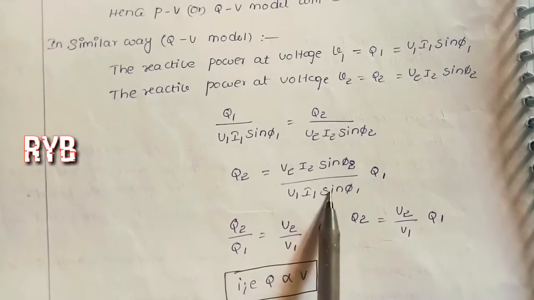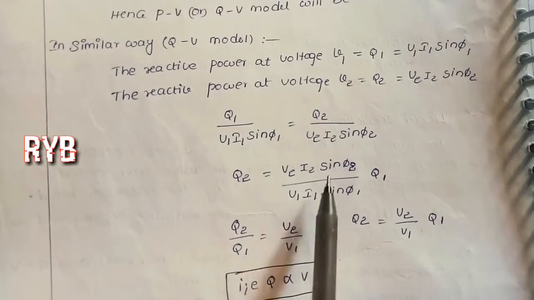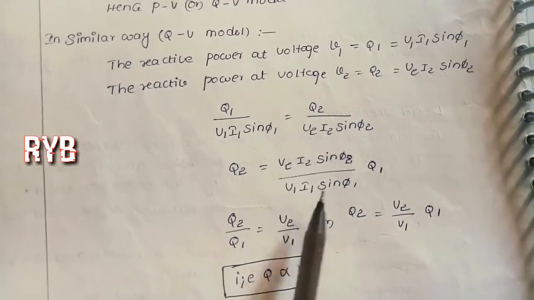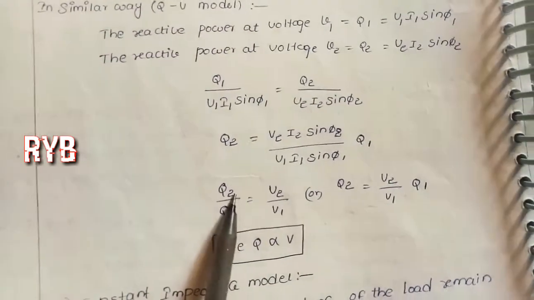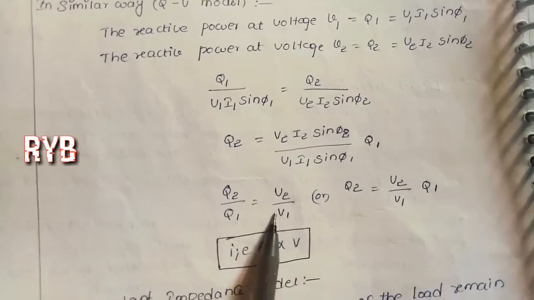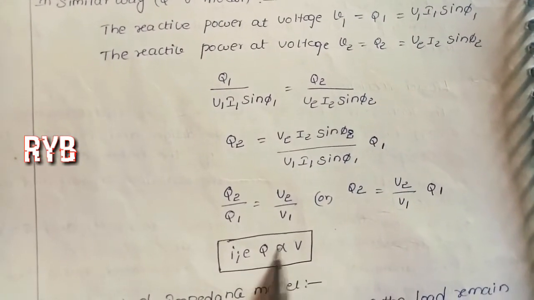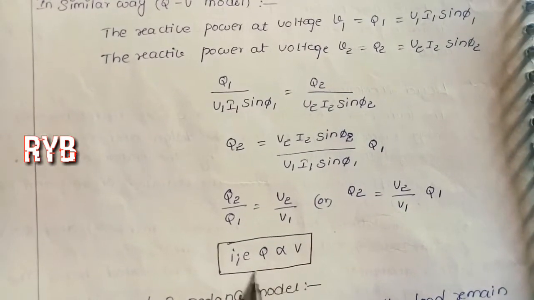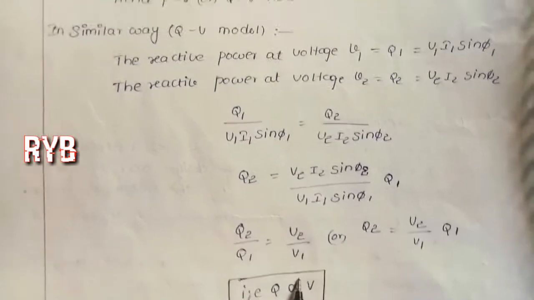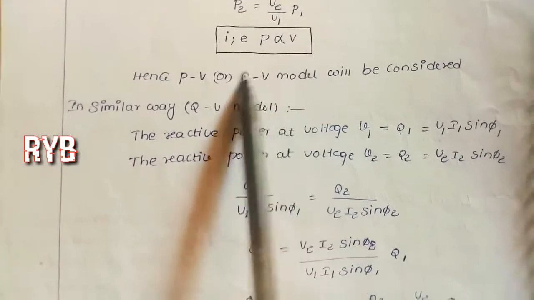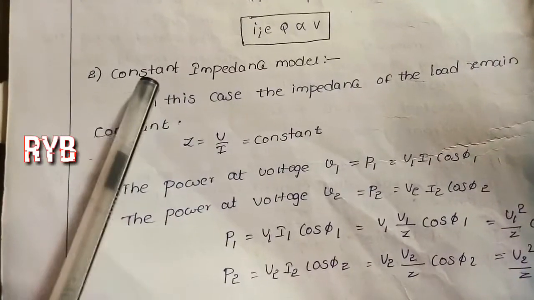Because the power factors are the same and the currents are also the same, they cancel each other. Q2 by Q1 equals V2 by V1, or Q2 equals V2 by V1 into Q1. Therefore, reactive power Q is proportional to voltage, and previously real power is also proportional to voltage.